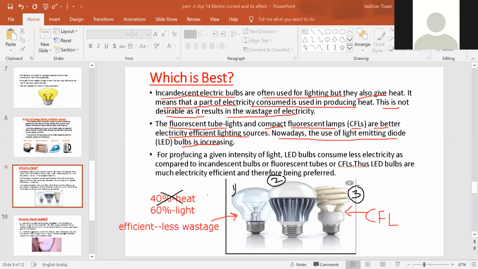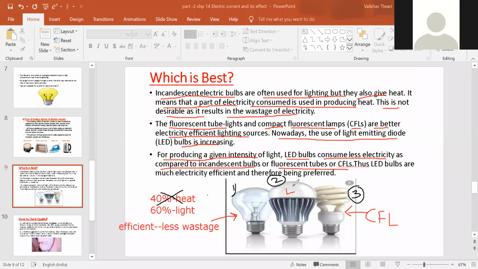So for producing a given intensity of light, LED bulbs consume less electricity as compared to incandescent bulbs or fluorescent tubes or CFLs. LED bulb means this one.